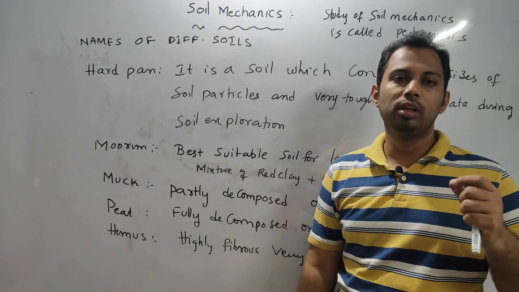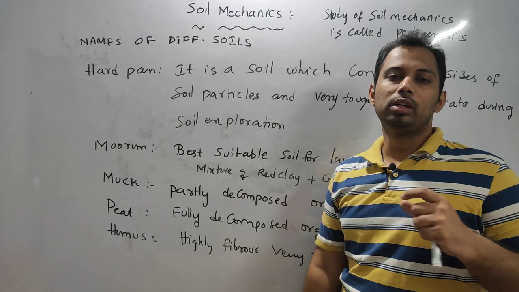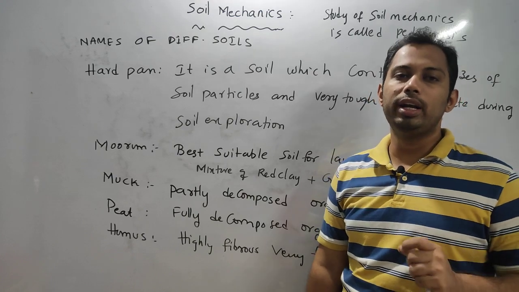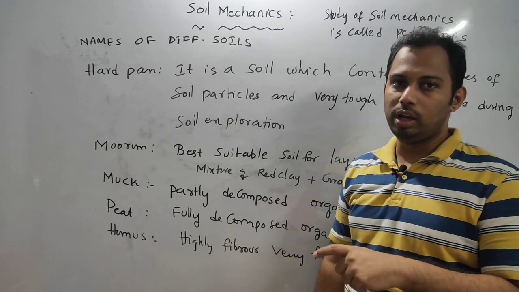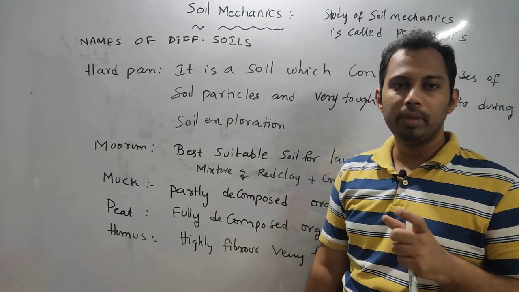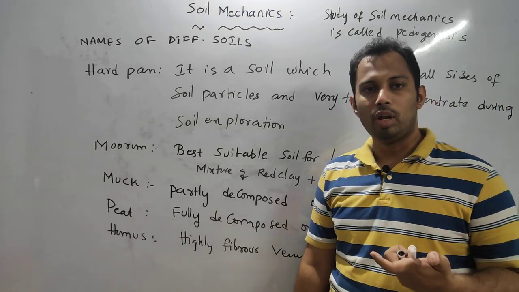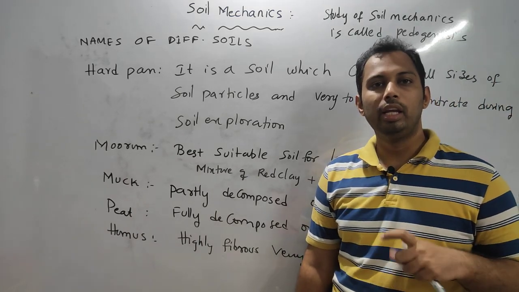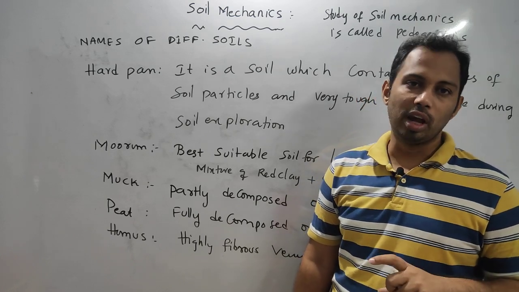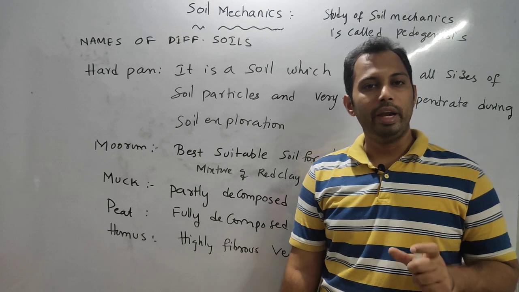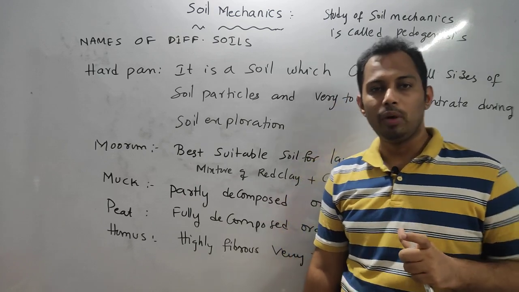This was first told by a scientist called Carl Terzaghi. Carl Terzaghi is a scientist who identified the importance of a separate study for soil, because, as I told you in the first class, it is not behaving like a solid completely, it is not behaving like a liquid completely. That is why we need to keep it in another science, that is soil mechanics. This was first identified by Carl Terzaghi in the year 1925.